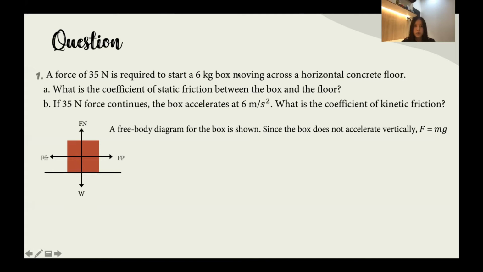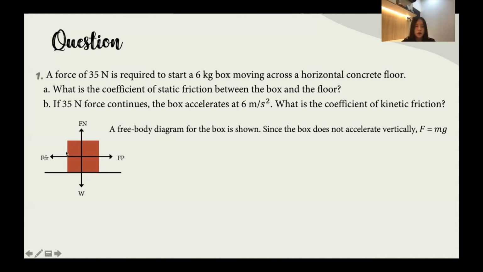For part A, we are going to find the coefficient of static friction between the box and the floor. We're going to find the net force in the x-axis. To find the static friction, the net force in the x-axis is assumed to be 0 because the object is static, or has not moved.